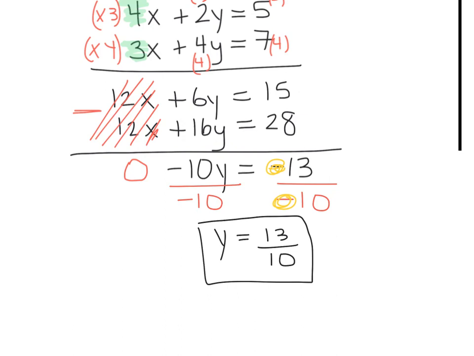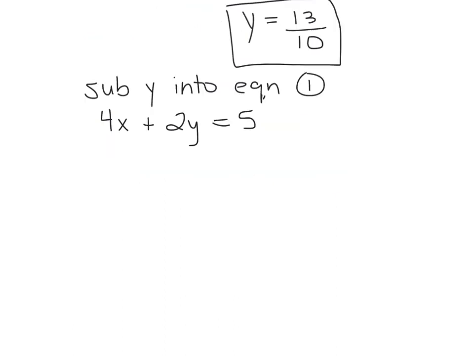So this y value is now going to go back into either equation number 1 or equation number 2. So I've chosen to substitute y into equation number 1, so I've recopied equation number 1 onto the screen, and now I'm going to go ahead and substitute my y value in its proper place.